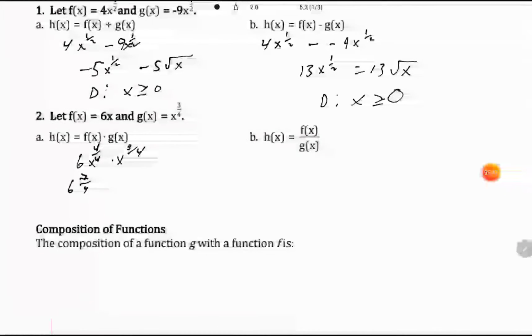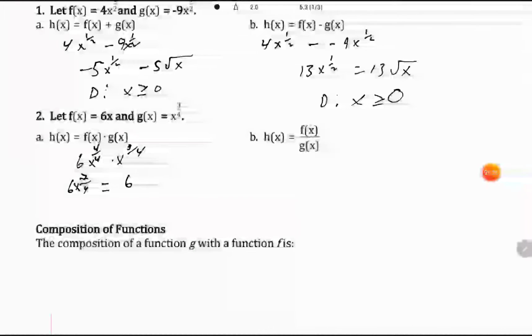That transforms into the 7th root of x to the 4th power. Oh, sorry. I forgot my x. Because 6 is not being applied to the 7 over 4. X is. So I have 6 outside, and then x is being applied to the 7th root of x to the 4th. Did I do that backwards?